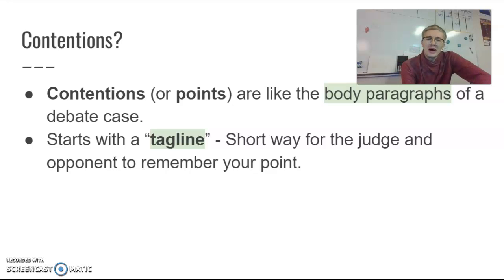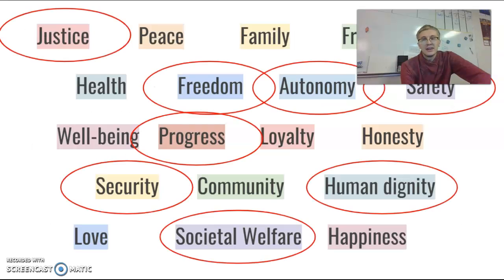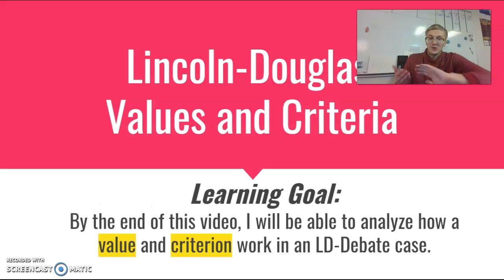So I'm not going to go too much into contentions and taglines and stuff like that, because that's something that's really similar in public forum and Lincoln Douglas debate. I wanted to make sure that by the end of this video, you had a really good chance to think about values and criterions. So remember, value is just something you think is important in the world. And in LD debate, you're saying that this is the most important thing to consider for the round.